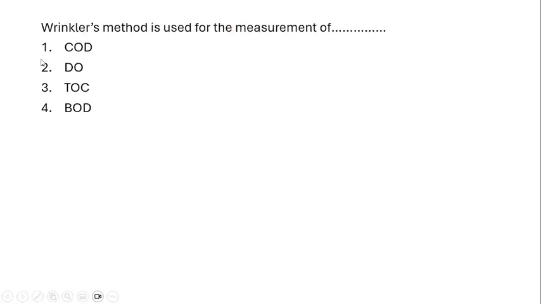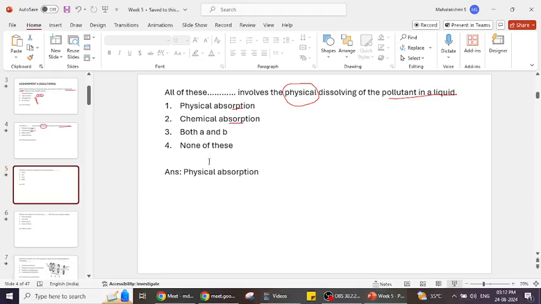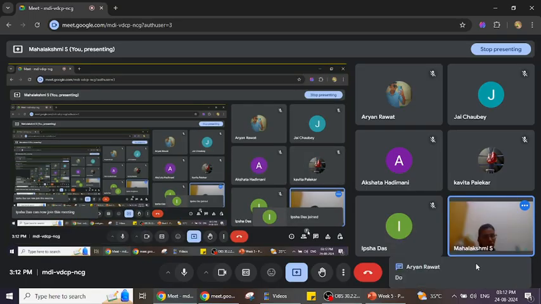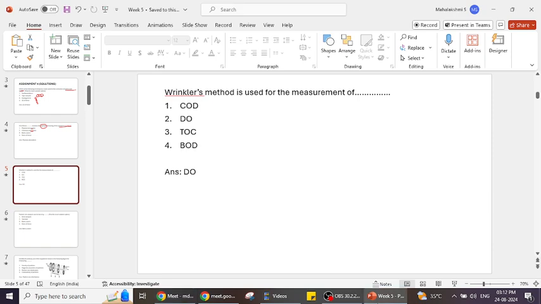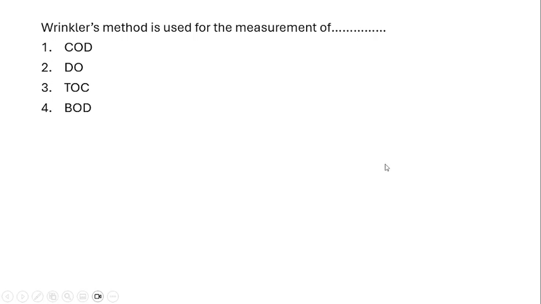The next question is, Winkler's method is used for the measurement of what? Whether it is COD or DO or POC or BOD. Yes, DO. DO is the dissolved oxygen present in the water. Why is dissolved oxygen very important? We have discussed this in the last class.